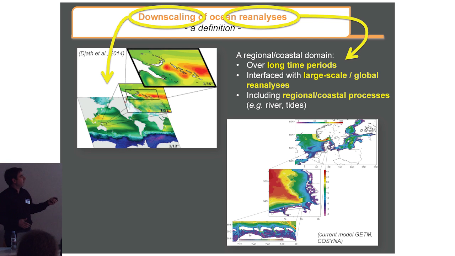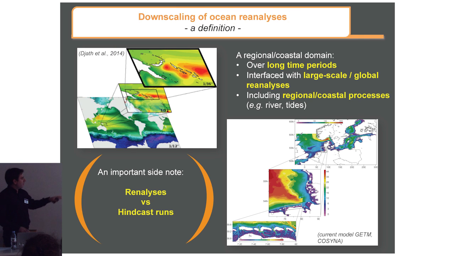The idea is that these regional and coastal domains are interfaced with large-scale and global reanalysis, and it includes, and this is a key point, some coastal or regional processes like tides or rivers that we need to better solve.